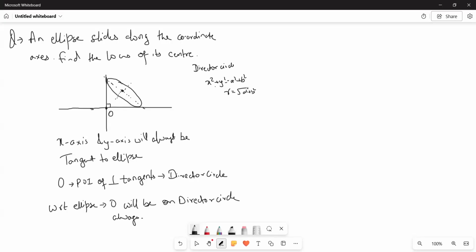Root over of a square plus b square. So can we say that the center of the ellipse C, the distance of C from origin, OC, would be root over of a square plus b square?